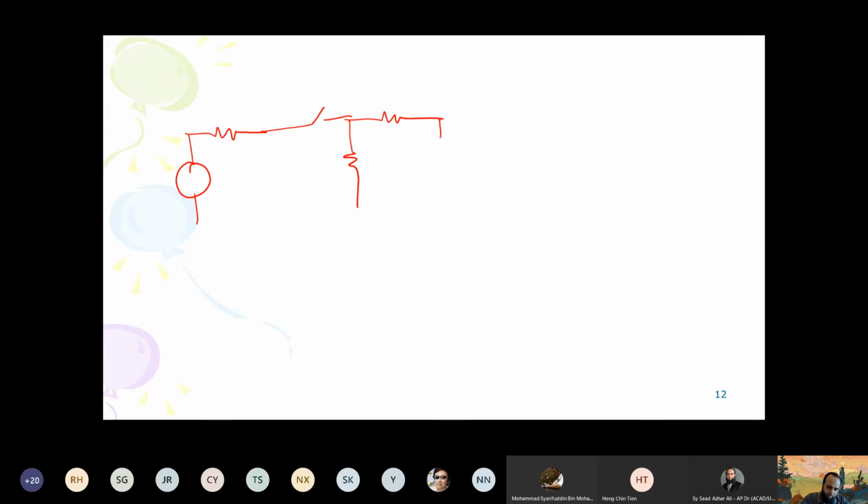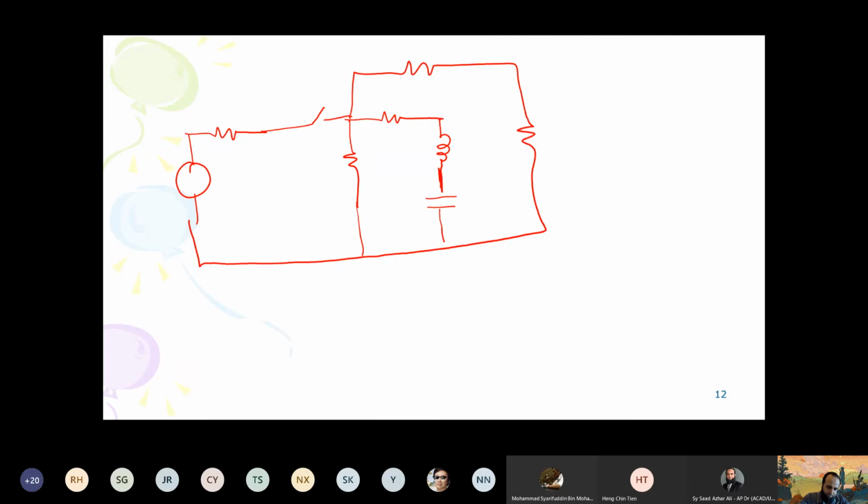And then there was this inductor with a short circuit, and then a capacitor. So what do you want to keep? A current source or voltage source? That's up to you actually.